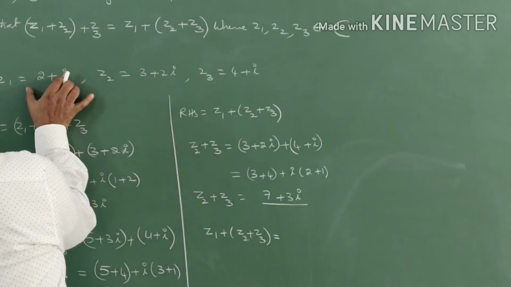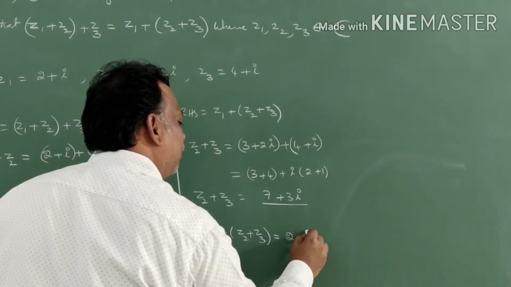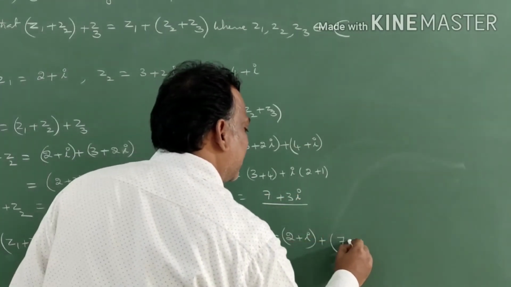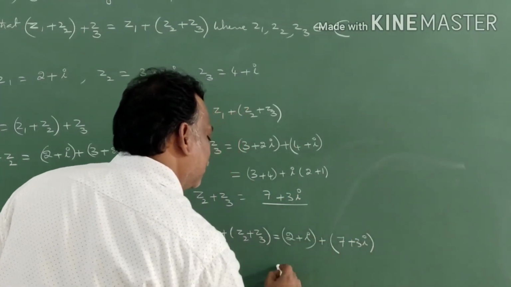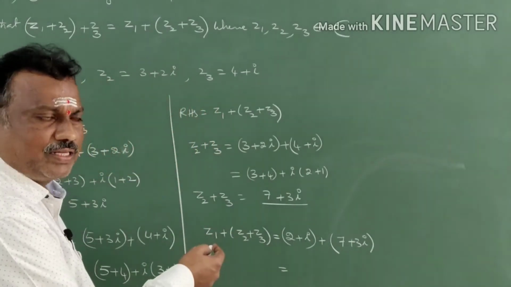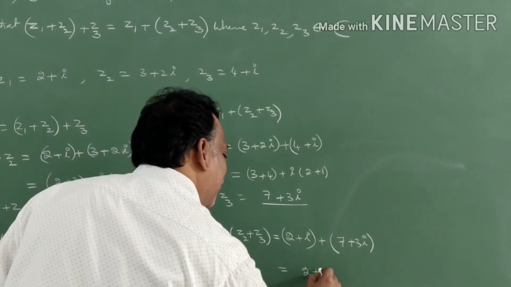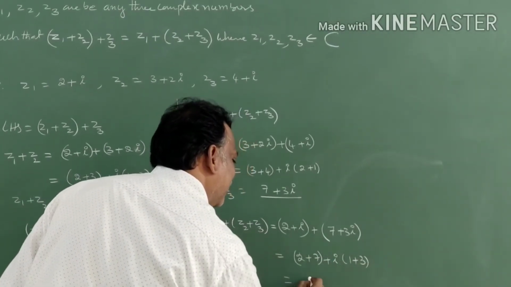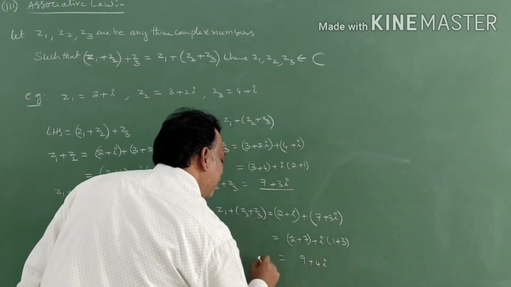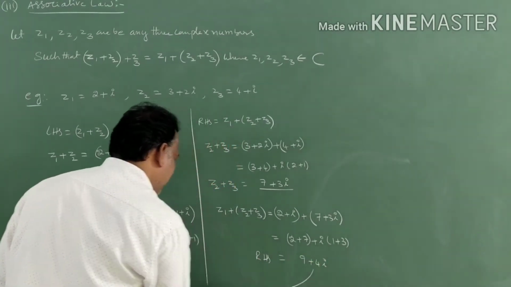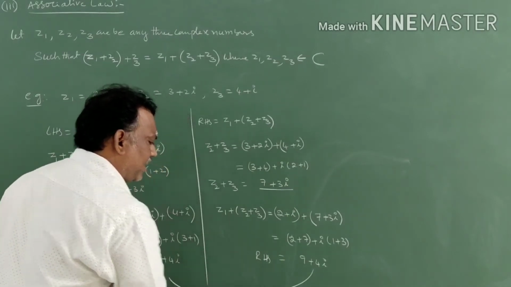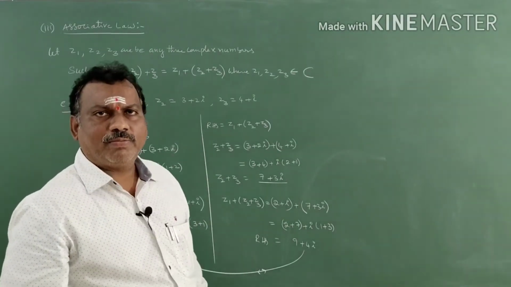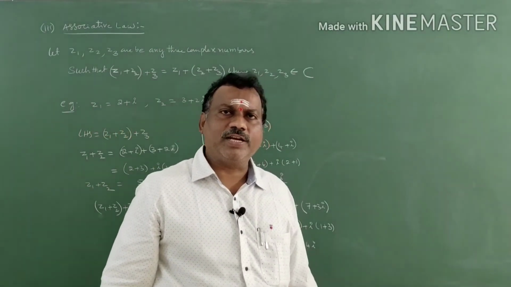Z1 is already given here, 2 plus i, plus Z2 plus Z3, which we just proved is 7 plus 3i. Now we can simplify again, the sum of two complex numbers, sum of real parts plus i times the sum of imaginary parts. So you will get 9 plus 4i, which is equal to the RHS. You can check the LHS and RHS, they are equal. Hence we can say that complex numbers also satisfy the associative law.